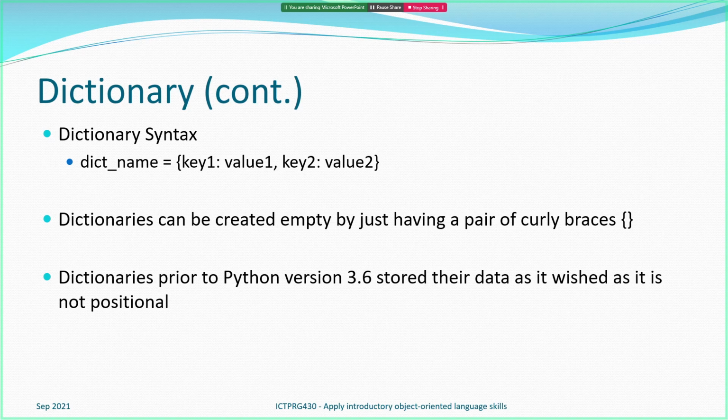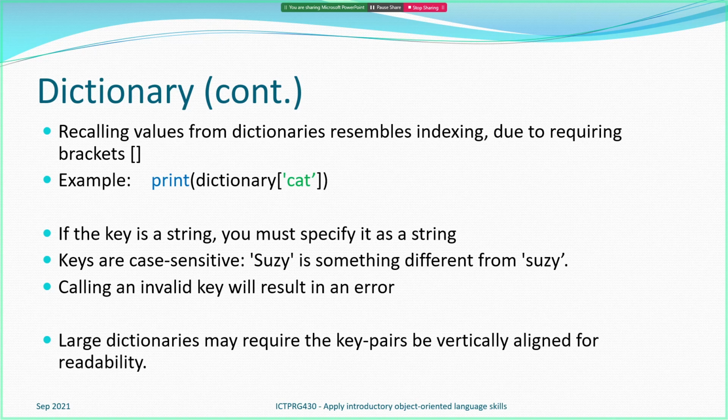Now, if you're running an older version of Python, I think we're currently up to 3.10. So the data is basically stored as it was written. So we can pull the values out, but we just need to know what the key is. And we do this, for example, using the print function.